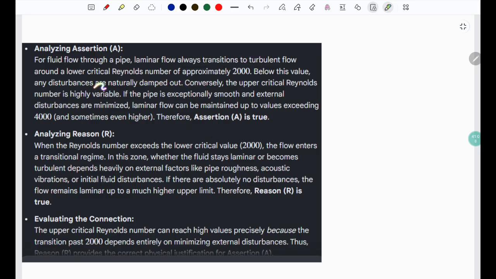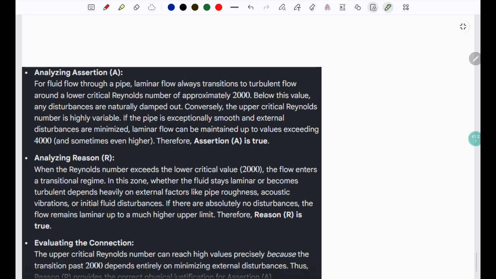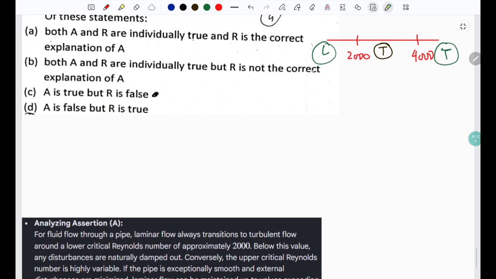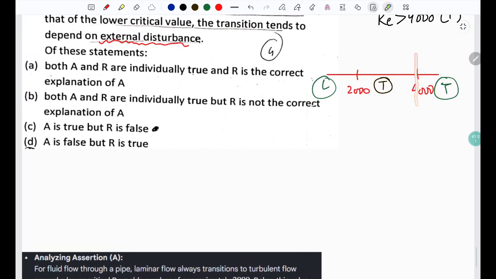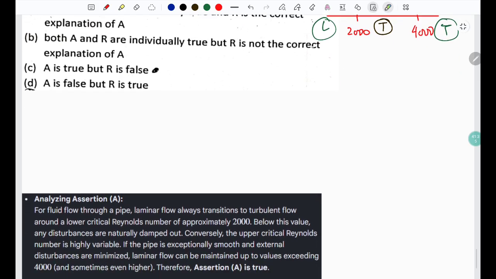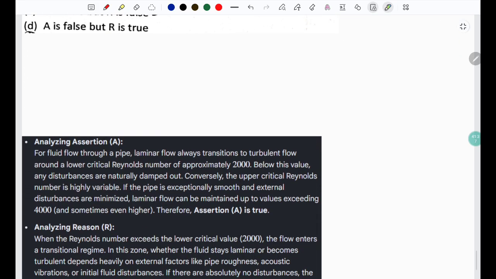Below this value, any disturbance is naturally damped out, and conversely, the upper critical Reynolds number is highly variable. If the pipe is exceptionally smooth and external disturbances are minimized, the laminar flow can be maintained to values exceeding 4000. That is, you can maintain a laminar flow up to a Reynolds number of 4000 if you control the external factors.